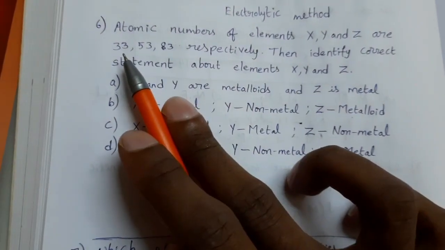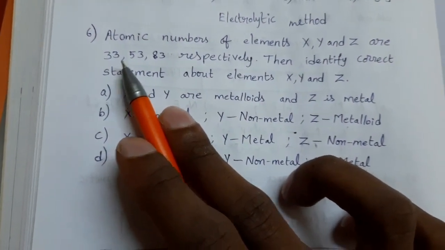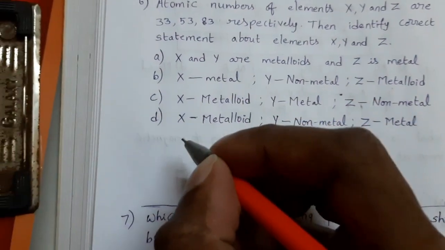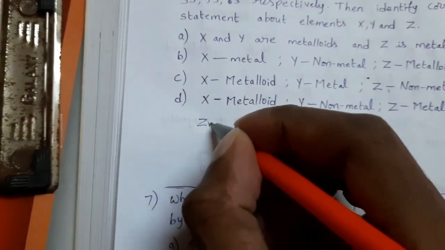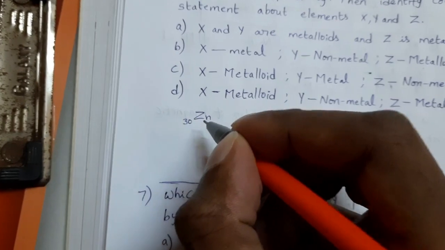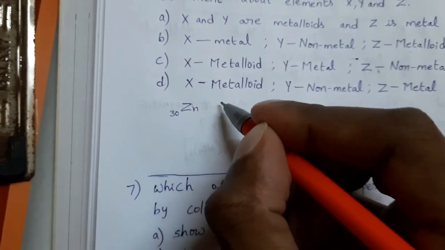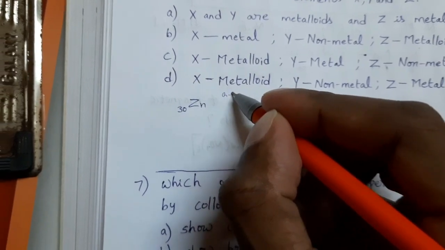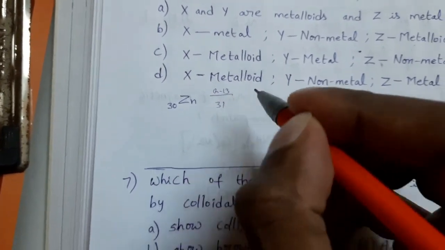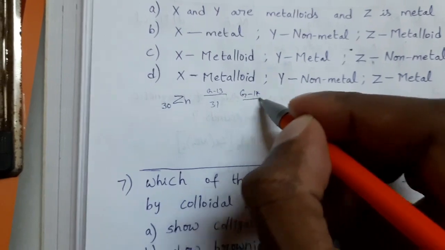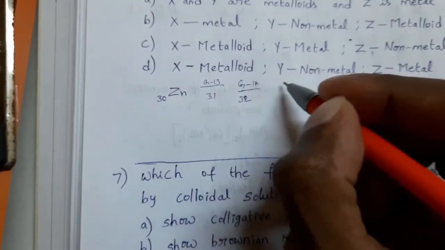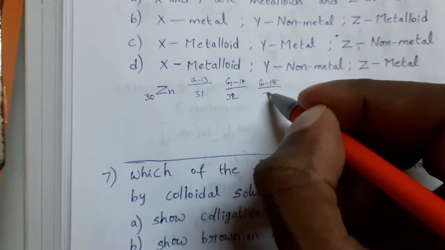See the atomic number 33. We know that zinc atomic number is 30. So after zinc, 31 is present in group 13, 32 in group 14, and group 15 is 33.